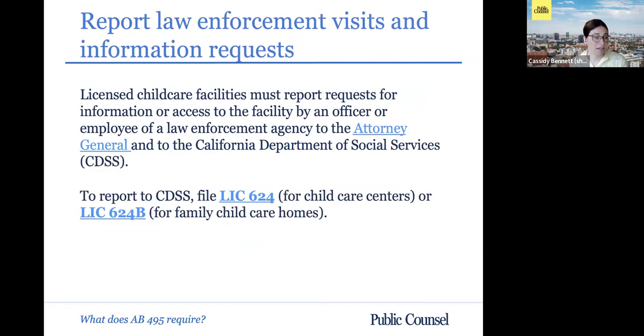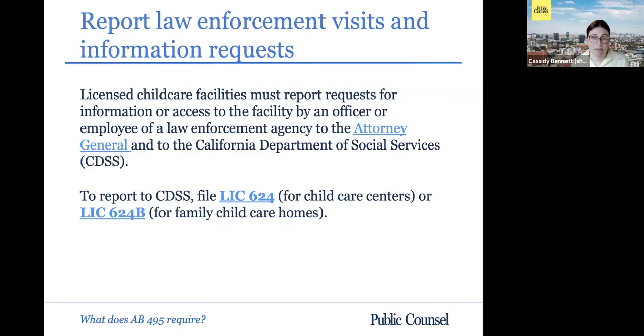So under AB 495, there's also this requirement of reporting law enforcement visits and information requests. So if you were to receive a warrant like that, or if there is any type of law enforcement visit to your facility, licensed childcare facilities must report requests for information or access by an officer or employee of a law enforcement agency to the Attorney General and to the California Department of Social Services.